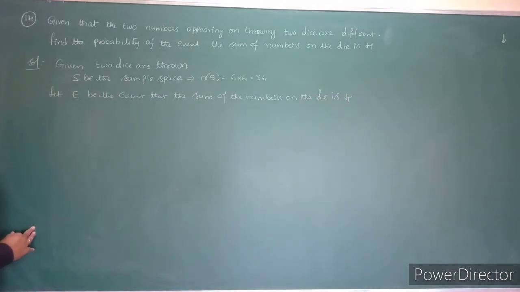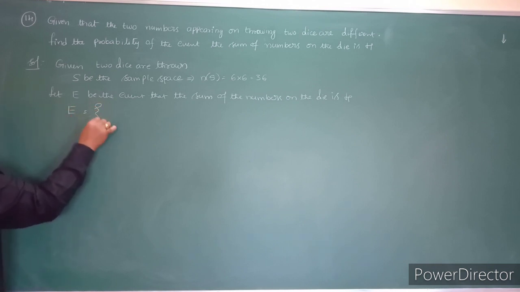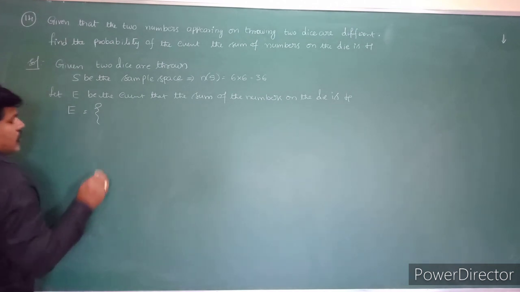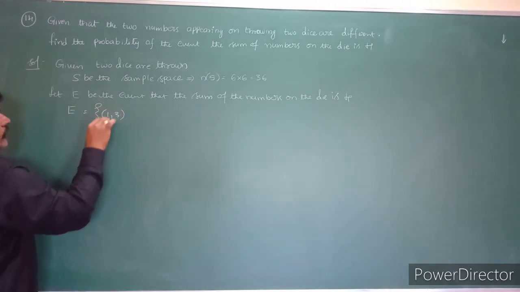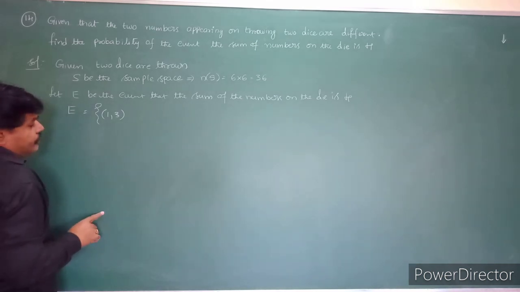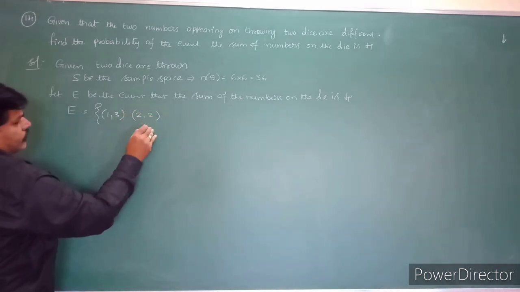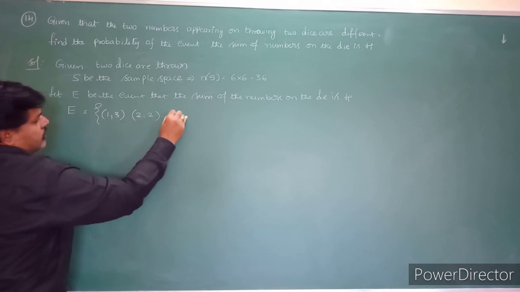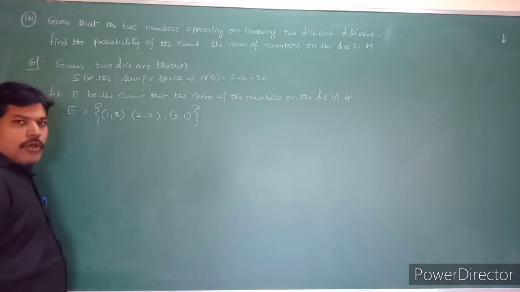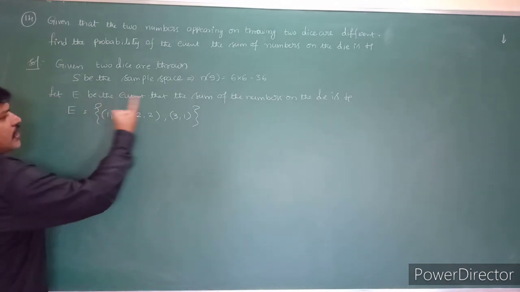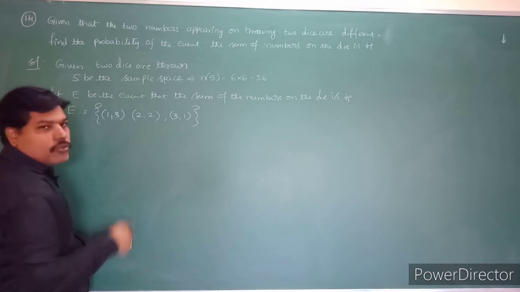So you have to take E, what are the possibilities? You have to get the sum as 4. 1 comma 3, 1 plus 3 is 4. Next one is 2 comma 2, 2 plus 2 is 4. Next 3 comma 1, 3 plus 1 is 4. So these are the possibilities of E. E is the event that the sum of the numbers on the die is 4 only.